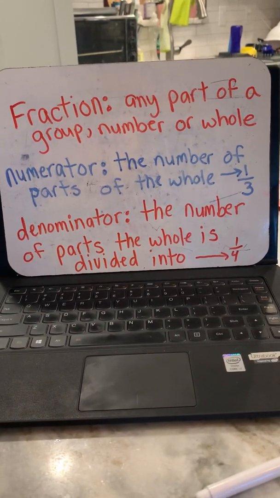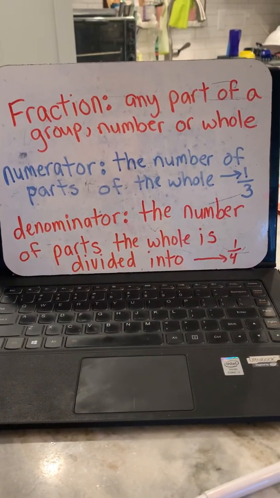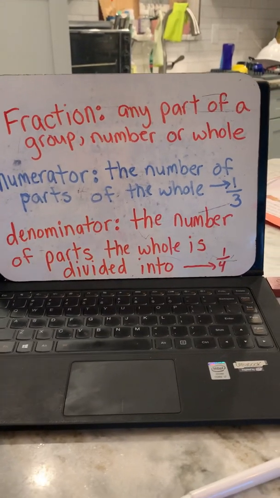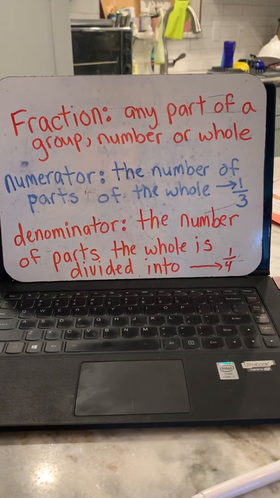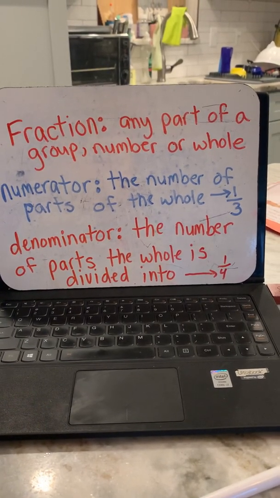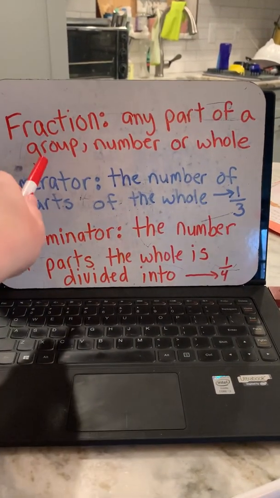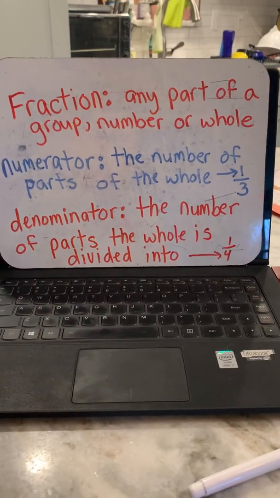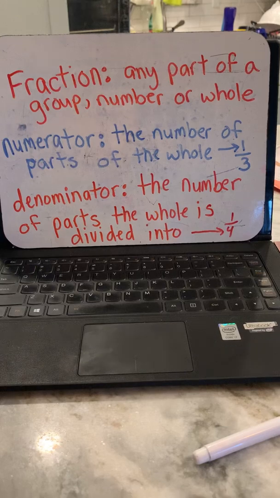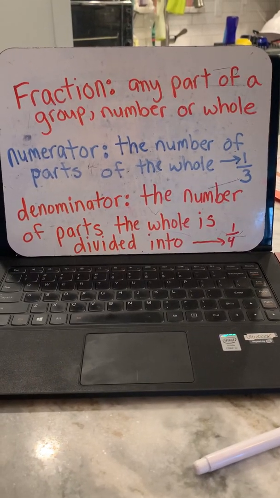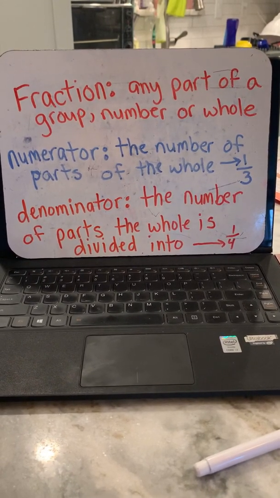This is part one. I'm kicking it back to the actual definition of what a fraction is. So you can see here I wrote a fraction is any part of a group, a number, or a whole. For instance, I'm going to tell you what it means to be a fraction of a group. Let's say class 419 has 31 students and 16 of those 31 students are boys.